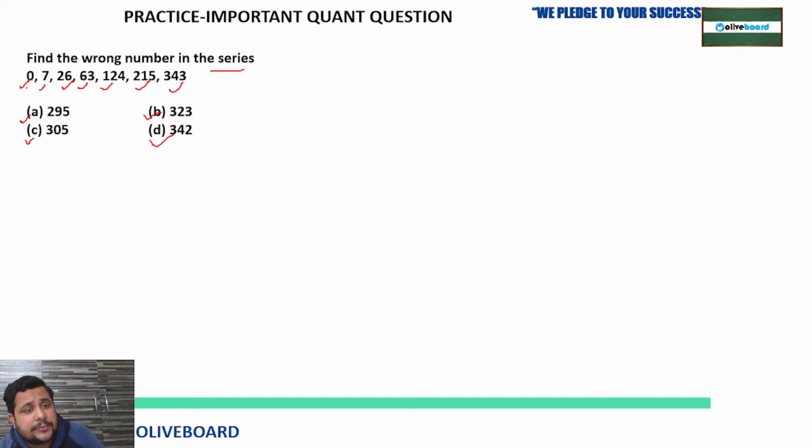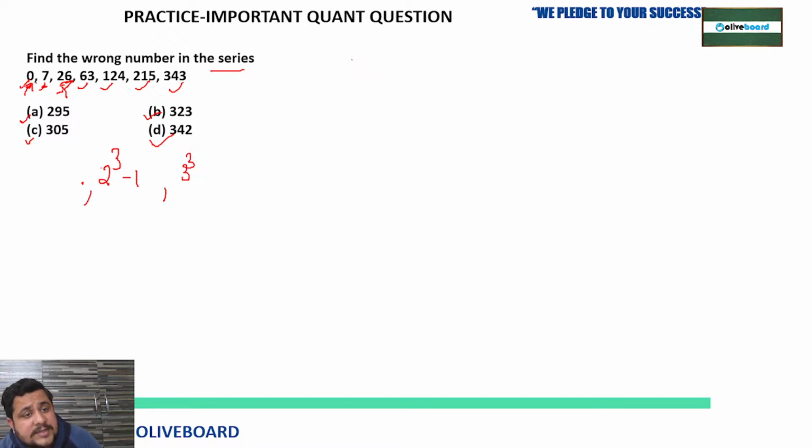The first value is 0, then 7, then 26. You need to remember cubes and perfect squares of numbers so that you can easily solve these kinds of questions. First value 0, fine. 7 is just 1 less than the cube of 2. 26 is just 1 less than the perfect cube of 3.